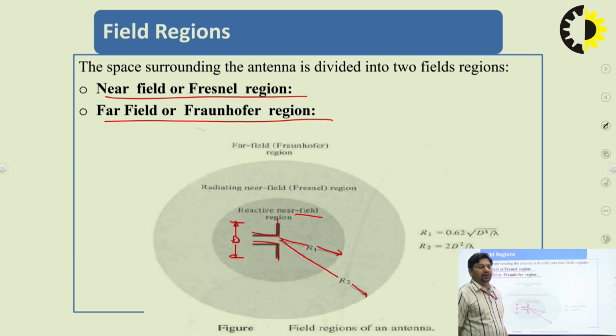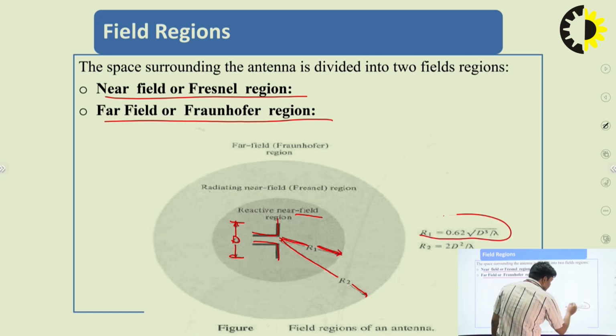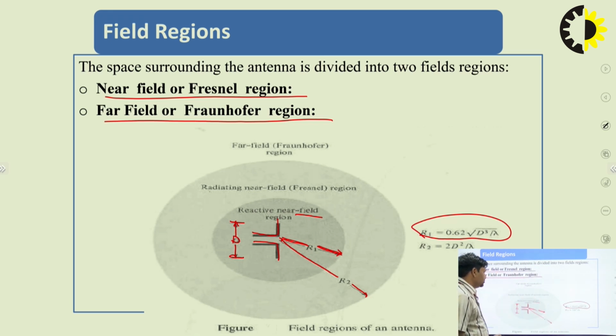If I design an antenna for near field application, that antenna is used in the near field region, and if it is designed for the far field region, we say it is far field. If this R1 distance is less than 0.62 under root D cube by lambda, then your antenna is in the reactive near field region.